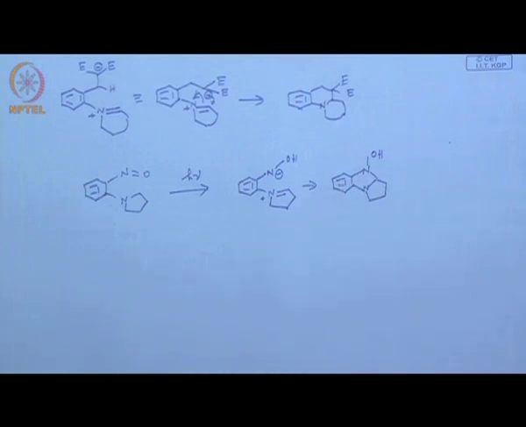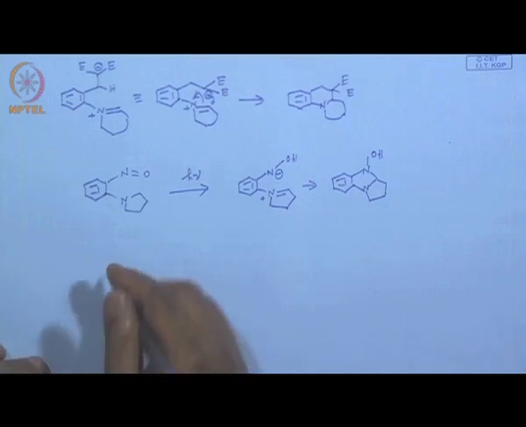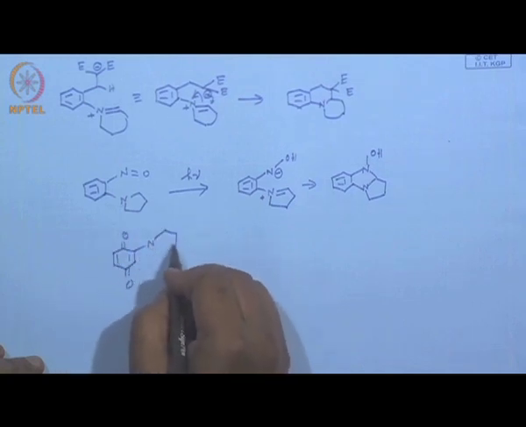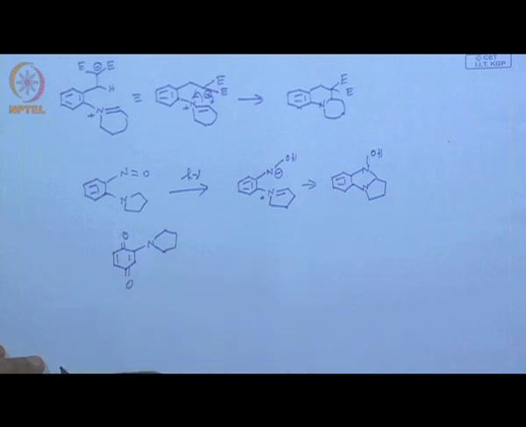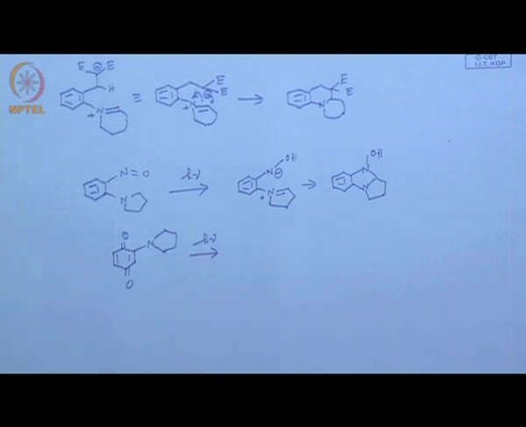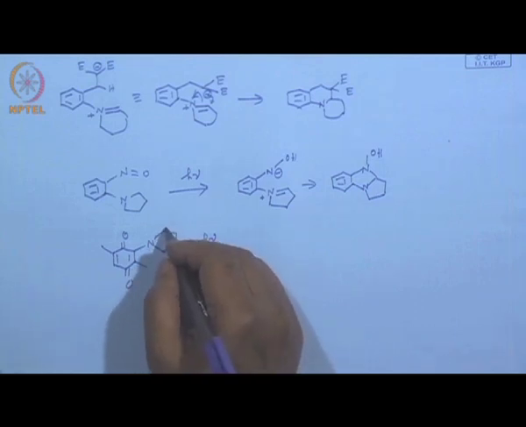So, likewise you can also expect very similar kinds of reactions, and what we do in our lab is, if you take a quinone and photolyze it, what you see here is not exactly an aromatic system, but it has a tertiary amine with an alpha hydrogen.